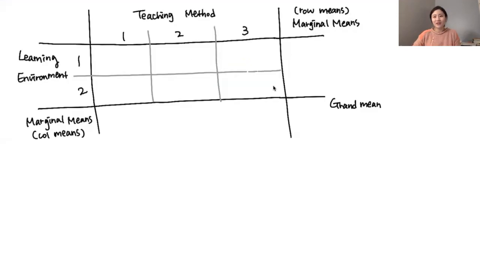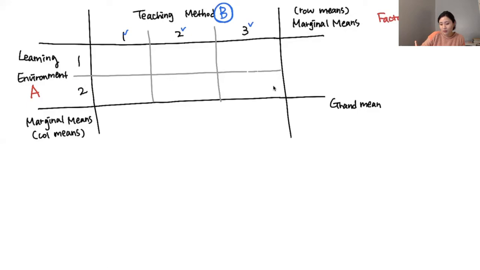I'm going to show you how to do a hand calculation using the formula. For example, we have teaching method and learning environment, and keep in mind that our ANOVA analysis goal is comparing means. So we are going to say learning environment is factor A. There are two levels, and I will call teaching method factor B. For factor B, we have three levels.